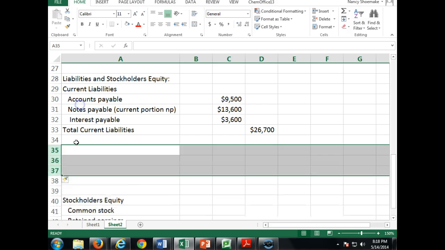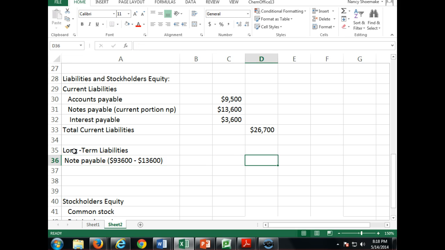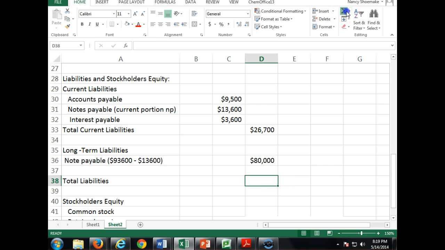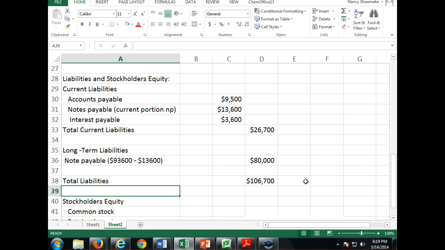And then we've got some long-term liabilities. What is that going to be? Our note payable. How are we going to determine that? 93,600 minus the 13,600 that we put over in current is what? 80,000. So our total liabilities are $106,700, right?